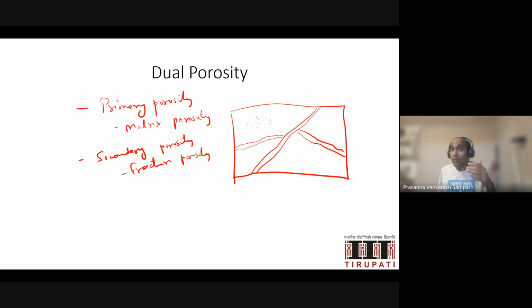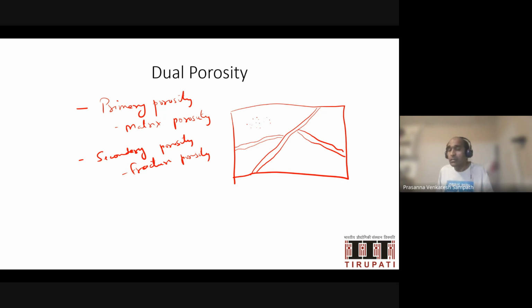Now, fractured rocks behave very differently from a normal porous medium, right? Because in a normal porous medium, there is no secondary porosity. There's only one primary porosity. But in these systems, you have a dual porosity.